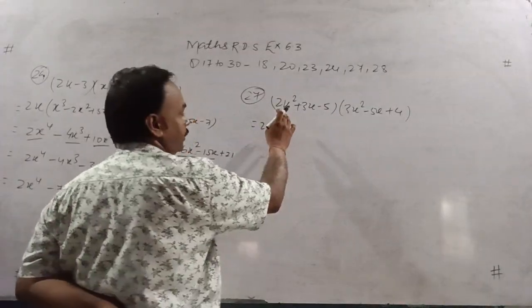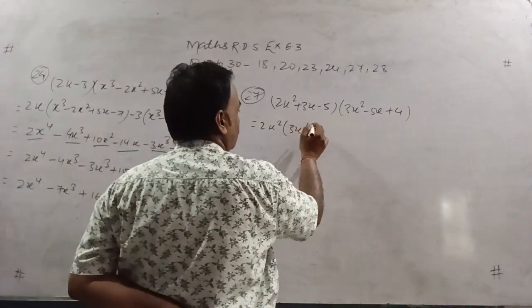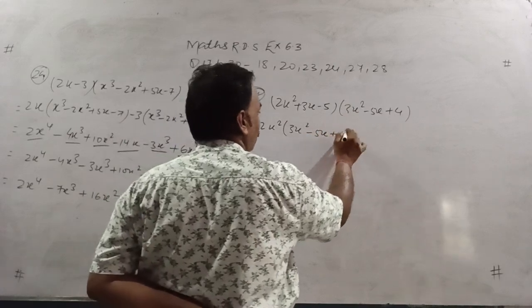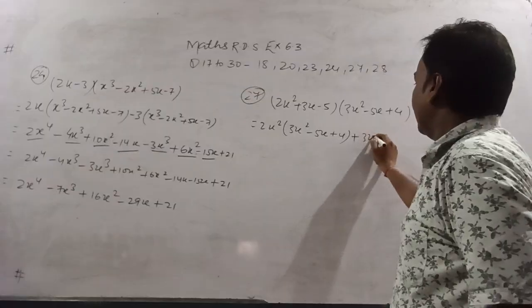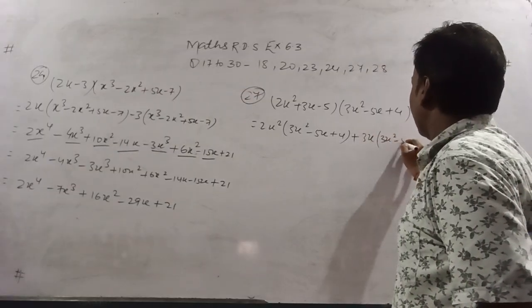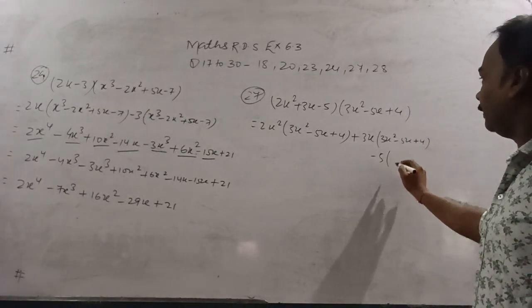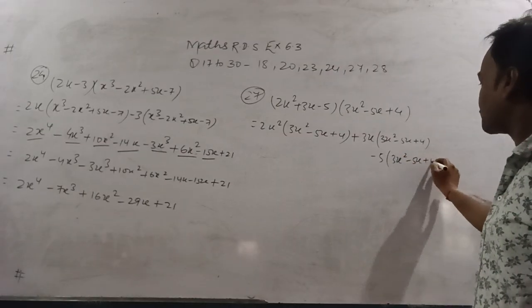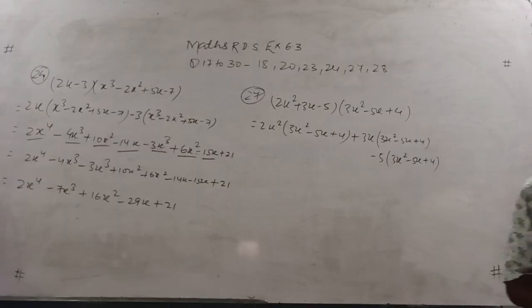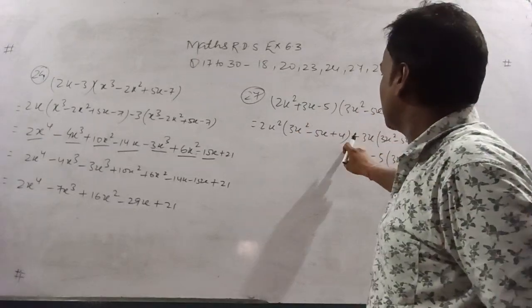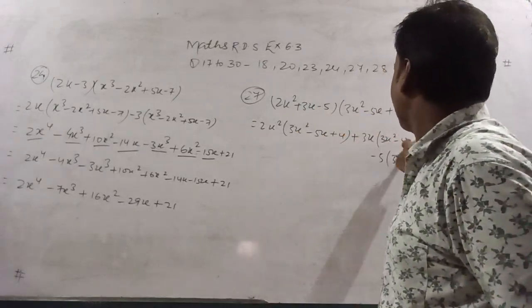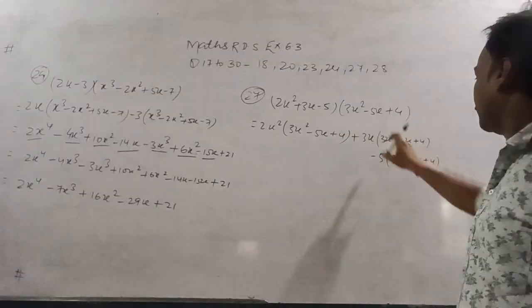2x square into (3x square minus 5x plus 4), plus 3x into (3x square minus 5x plus 4), and minus 5 into (3x square minus 5x plus 4).